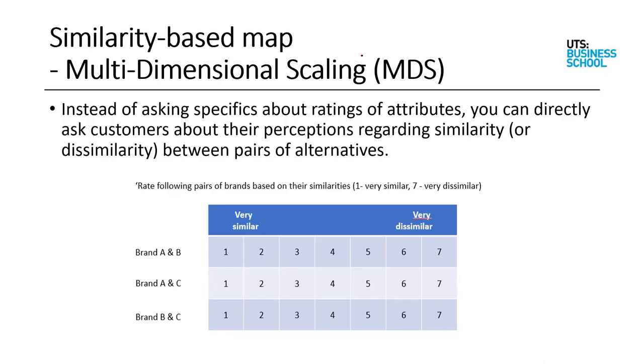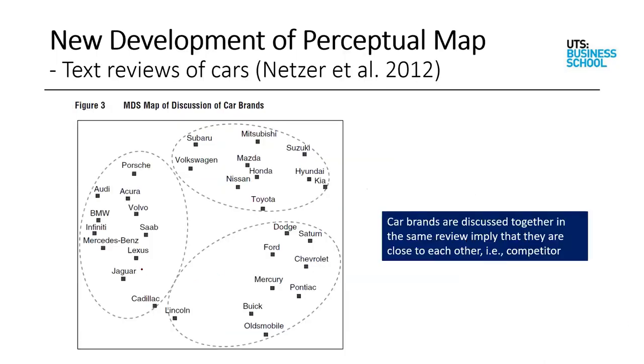So instead of asking very specific questions about ratings of attributes, here we ask the consumers to indicate directly the similarity between pairs of alternatives. So rate the following pairs of brands on their similarity. 1 is very similar and 7 is very dissimilar. This output is then taken and plotted on the maps to be able to come up with perceptual dimensions.